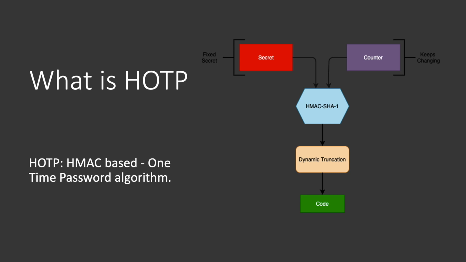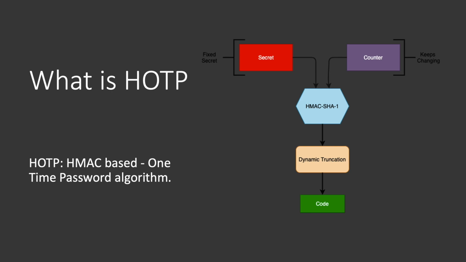Then it utilizes an algorithm called HMAC SHA-1, which takes these two inputs and generates an output, and that output is usually very long in bits. So we utilize something called dynamic truncation, where we make it smaller in order to have the 6 to 8 digit code that we usually need for multi-factor authentication.